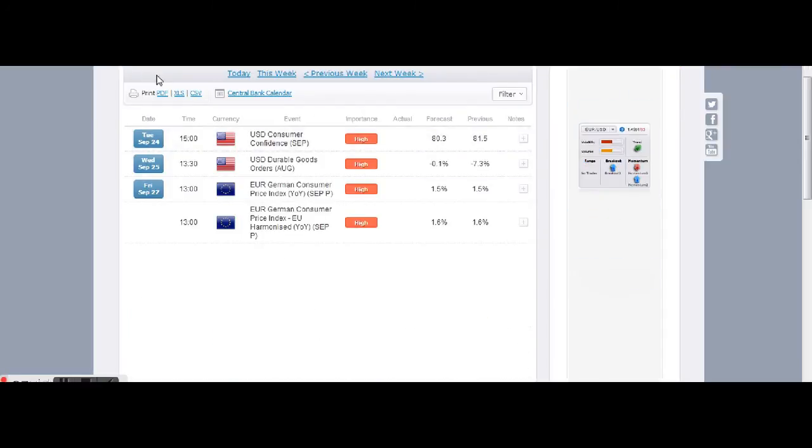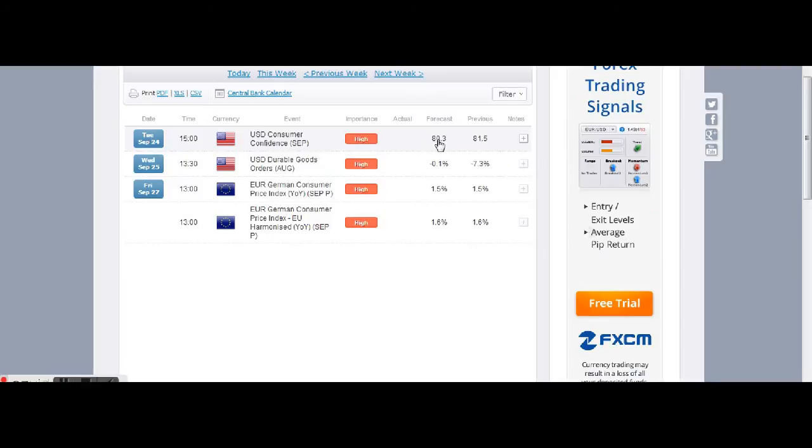Now, obviously, we have a forecast here for a lower US consumer confidence, so this could be Euro positive, and also we have a positive durable goods orders from -7 to -0.1, so this could be dollar positive and euro negative.